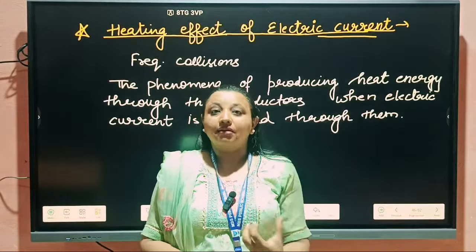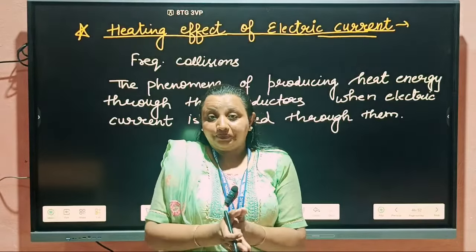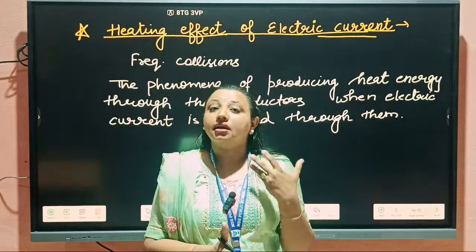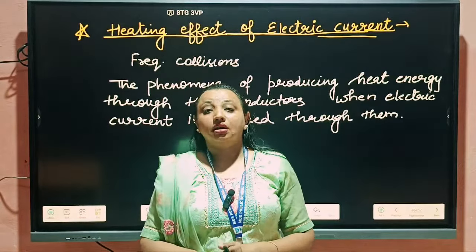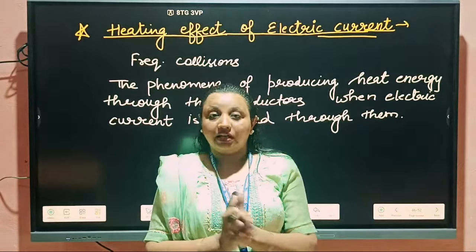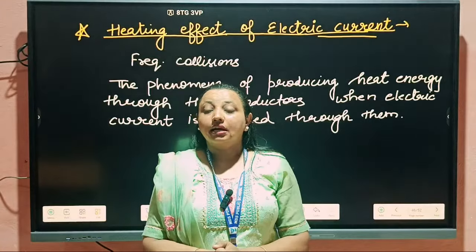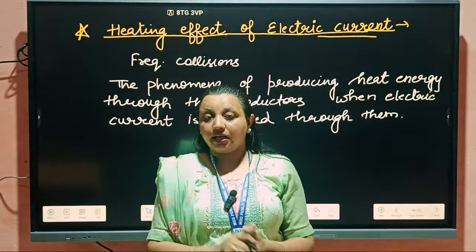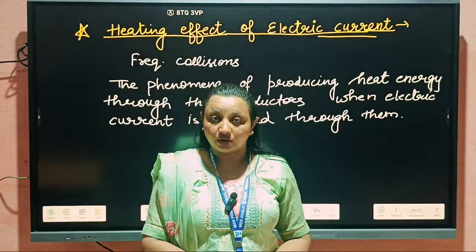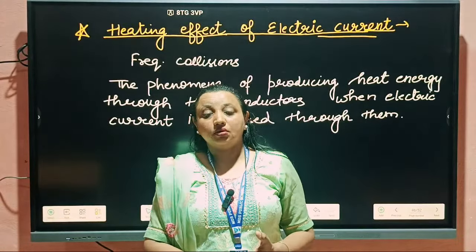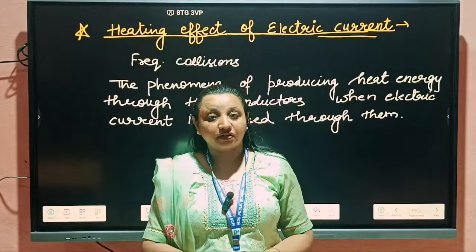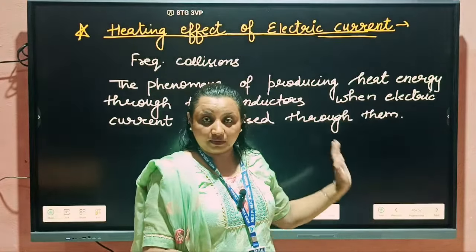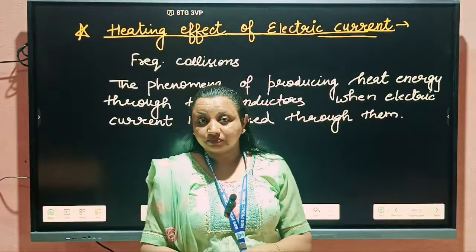So due to this random motion, due to their collision, the wire or the material or the metal or the element gets heated up, and we can use that heating element in various applications, like in electric iron. You press your clothes now, so in electric iron, in electric heaters, immersion rods, toaster machines, all these things use the heating effect of electric current. Electric fuse will be also there. We will discuss it in the upcoming topics.